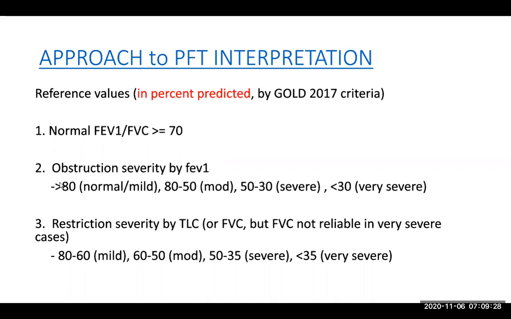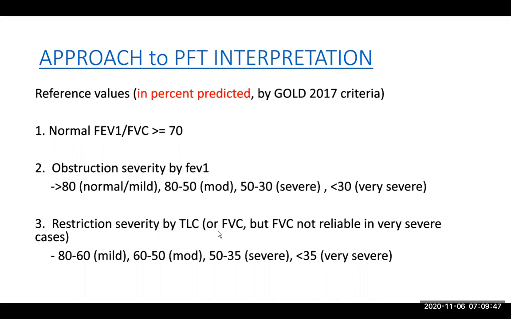If we go to restriction, the severity of restriction is based on the total lung capacity. If you have spirometry alone and you don't have the plethysmographic volumes, the forced vital capacity becomes a surrogate for total lung capacity. But remember, it's a surrogate.